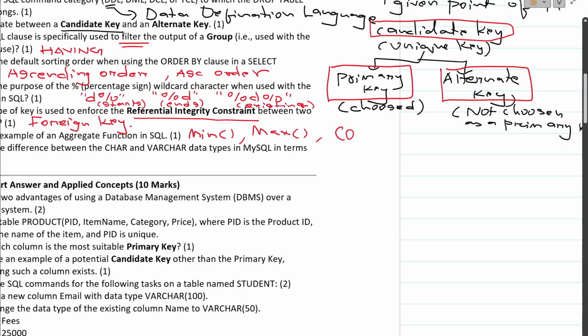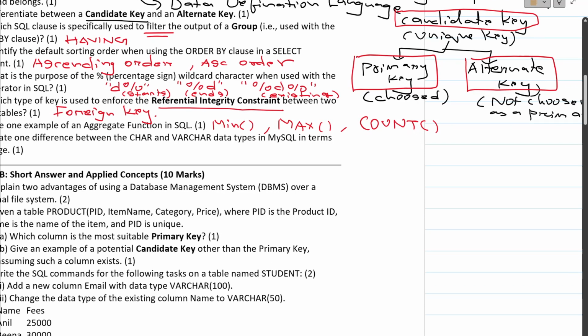See, these are the aggregated ones, yes or no? You can never find minimum, maximum or count by just taking one particular cell. Every time this is used, it is over multiple cells. That is why you can add on all these things.